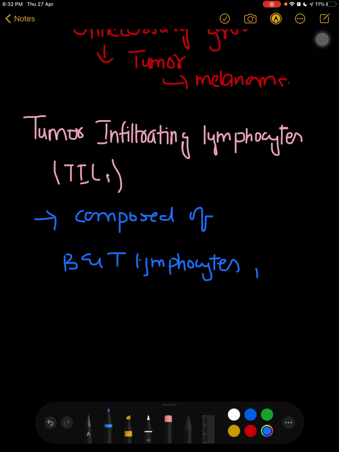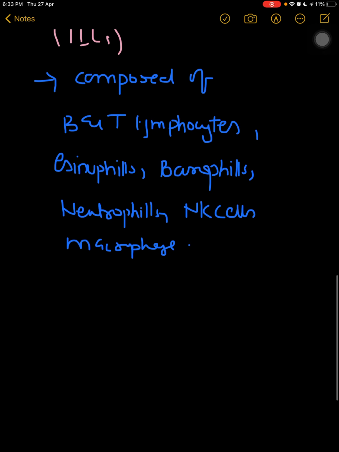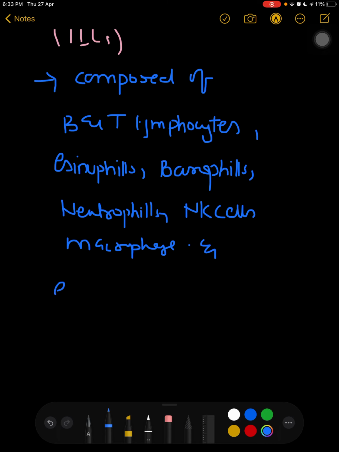They also include eosinophils, basophils, neutrophils, NK cells, macrophages, and especially TC cells, the cytotoxic cells.